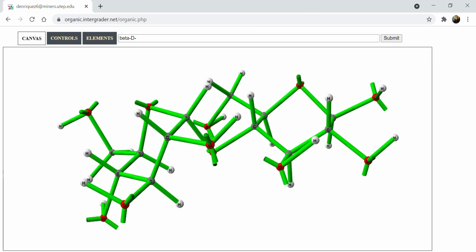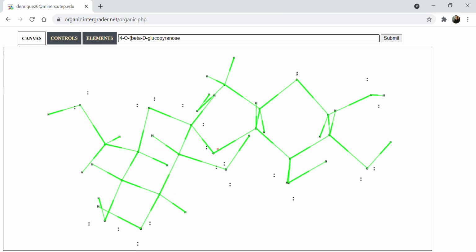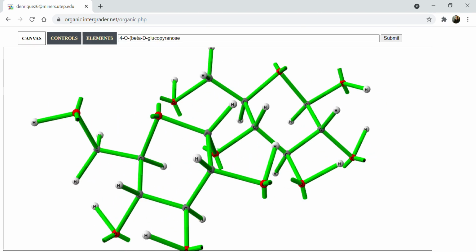That's glucose. So I'm going to put glucopyranose. I'm going to jump to the front and look at where it's connected. So I'm going to count from here, 1, 2, 3, 4, 4-O. Not 0, O. Okay, and then I think we've established this is alpha because it's facing down.